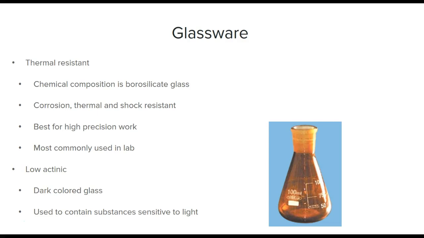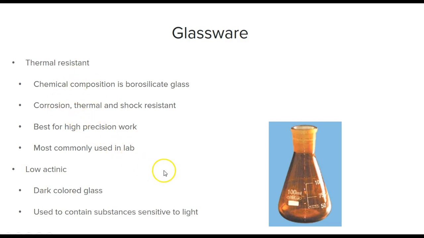There's thermal resistant. These are made of borosilicate glass, and you need to know what these are made of. It's resistant to corrosion, thermal, and shock, so it's supposed to be heat resistant. It's best for high precision work and is the most commonly used type of glassware in the lab, so you need to know that.